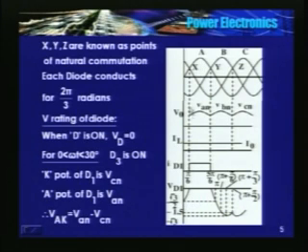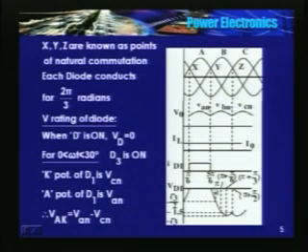At that instant, the diode starts conducting, if I consider an ideal diode, because beyond point X, a positive voltage starts appearing across the diode. So from 0 to 30 degrees, this is the variation. From pi by 6 to 5 pi by 6, voltage is 0.